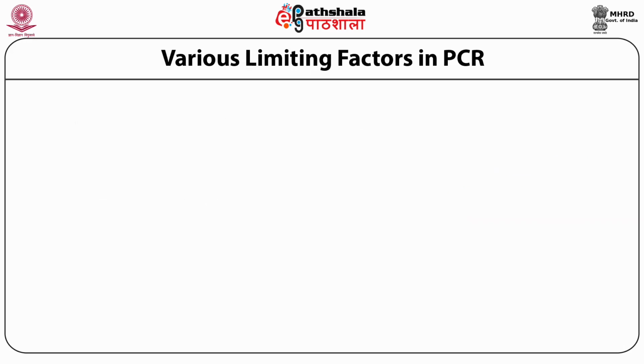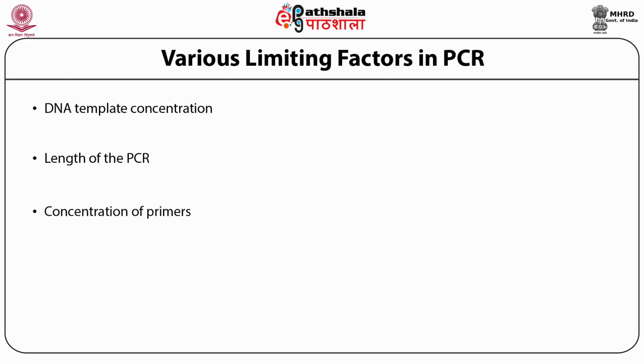So what are the various limiting factors in PCR? First and foremost is the DNA template concentration, length of the PCR, then concentration of primers as well as the dNTPs and Taq polymerase.